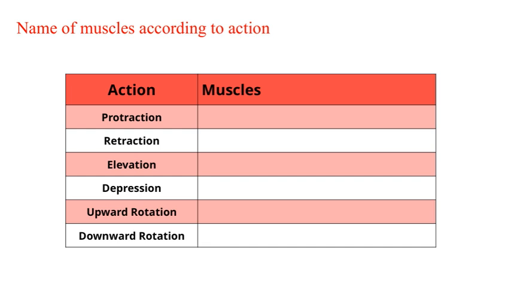Upward rotation occurs when the scapula rotates so the glenoid cavity moves upward, which is important during arm elevation. Conversely, downward rotation rotates the scapula back down, returning it to the resting position. Recognizing these muscle actions helps us understand how different movements are coordinated and which muscles to target during training or rehabilitation. This classification by action provides a clear framework for understanding shoulder and scapular mobility and stability.